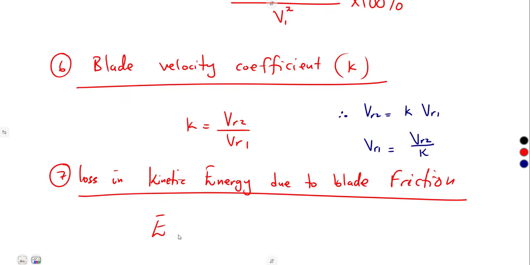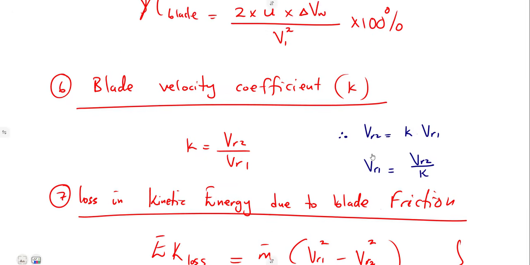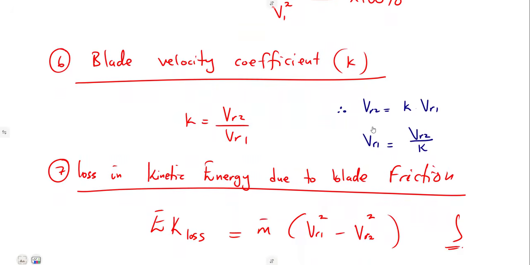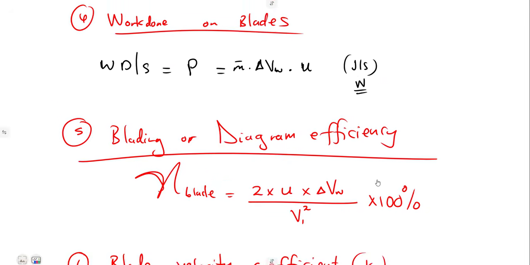The kinetic energy loss can be calculated from the mass rate times the difference VR1 squared minus VR2 squared, which are the relative velocities of the gas. This is going to give us the loss in joules. So basically, these are the formulas that we are going to consider, and any other adjustment that can be made.